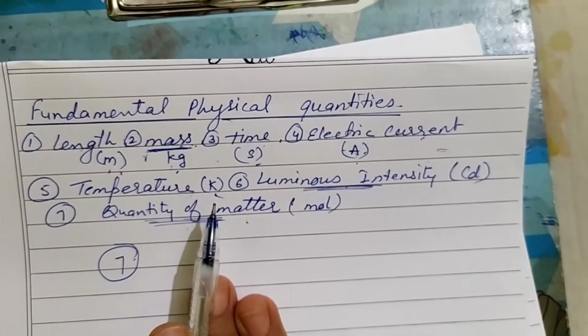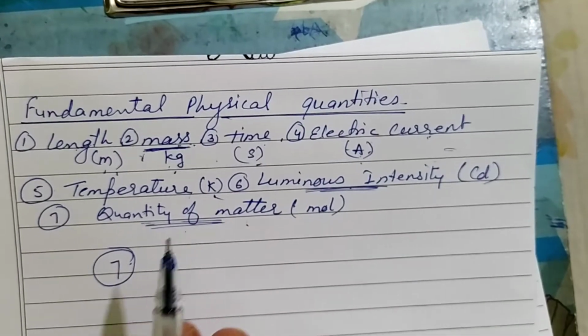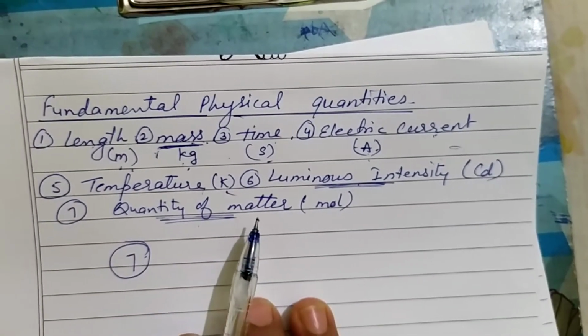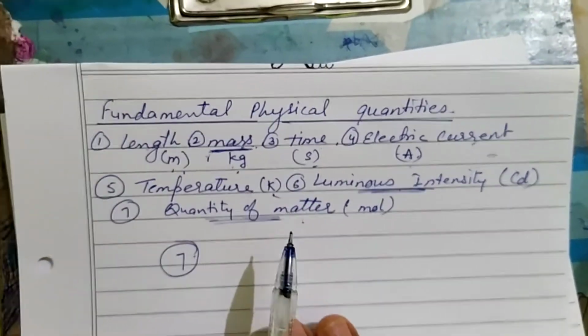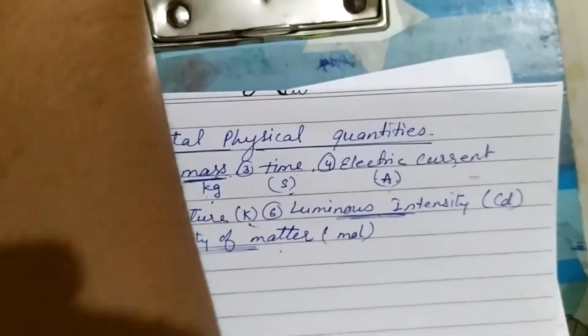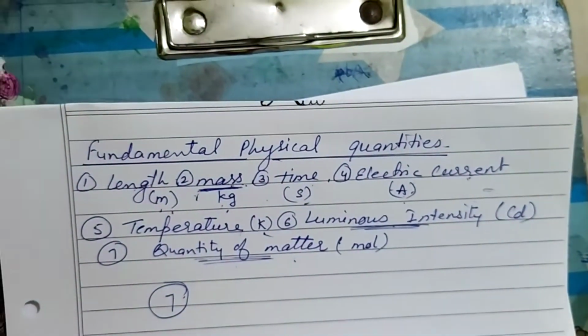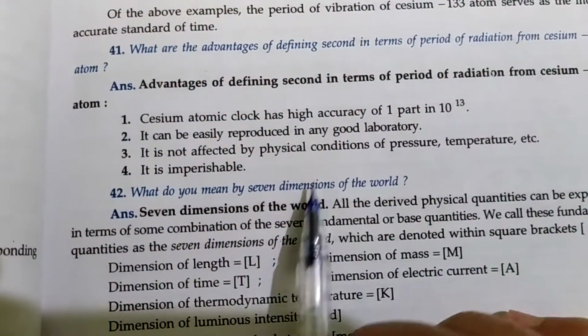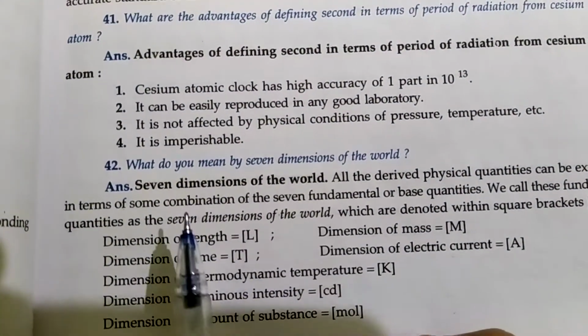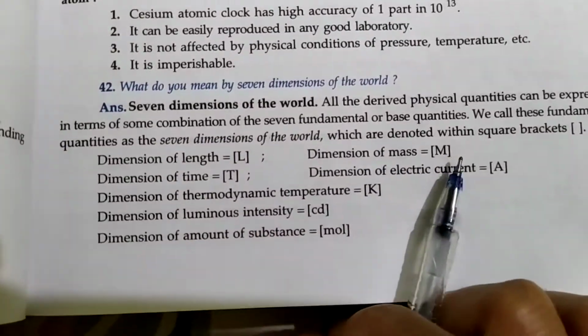On the basis of these seven quantities, we are going to derive all the rest of the quantities. And for that, we'll be talking about the dimension formulas. There are seven fundamental quantities.